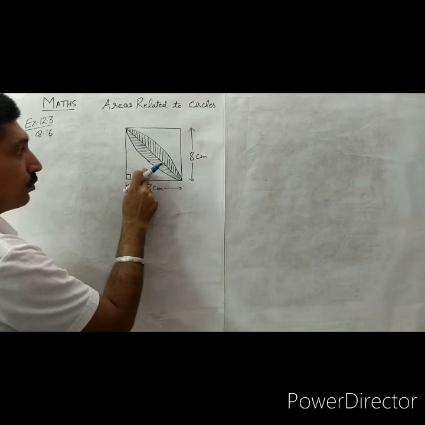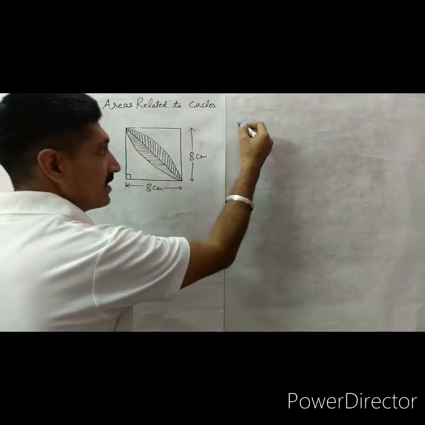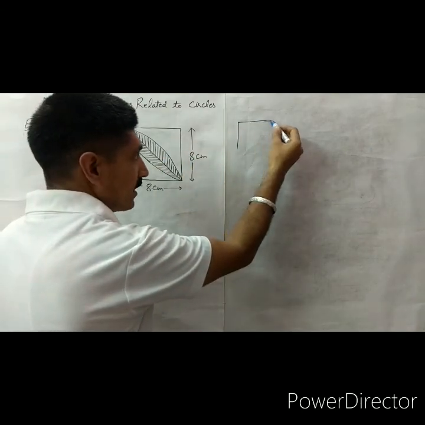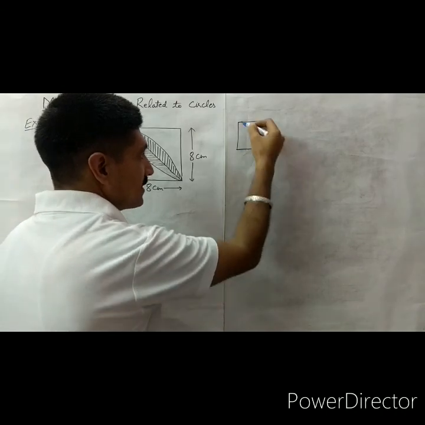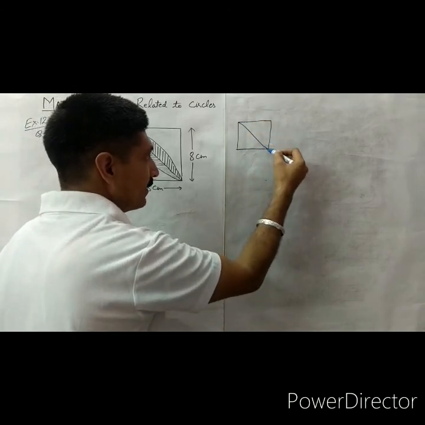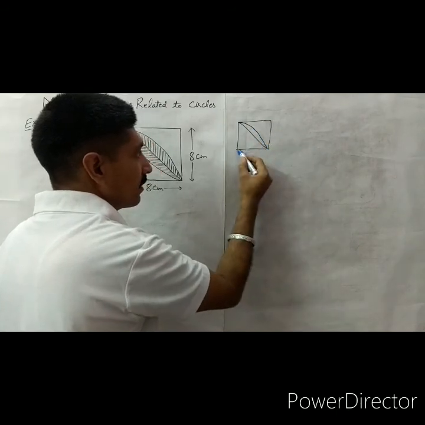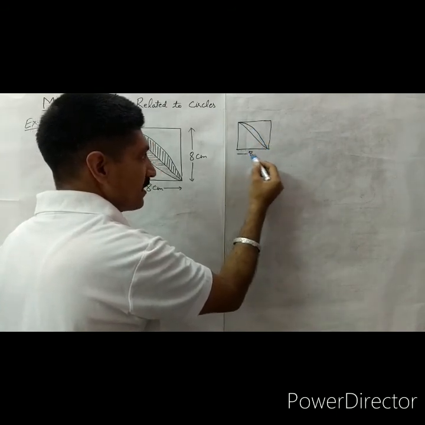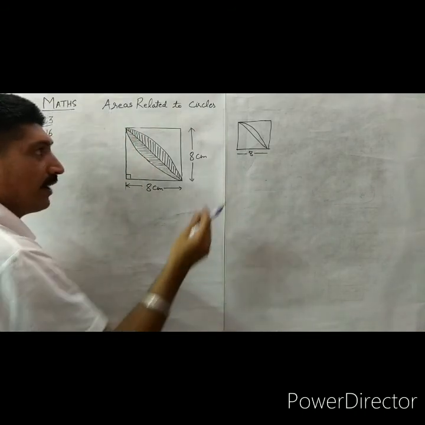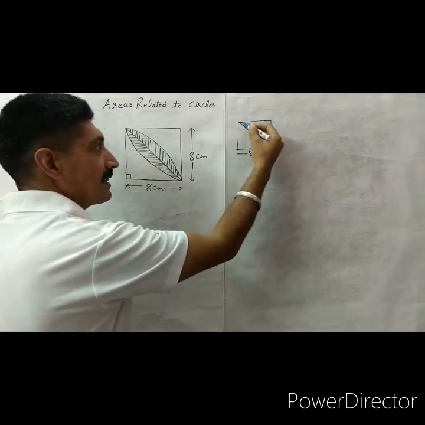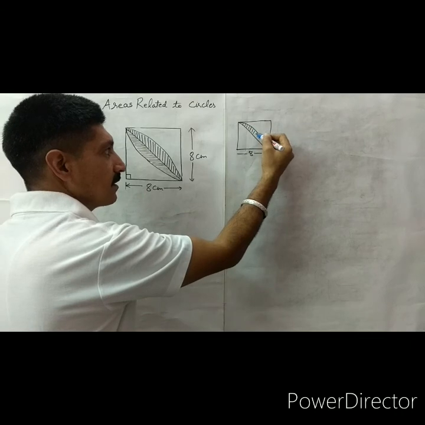Here we have to find the area in this way. If this is the square and this is a diagonal here, so this is the quadrant with the radius 8 centimeter. So we have to find the area of the segment here first.